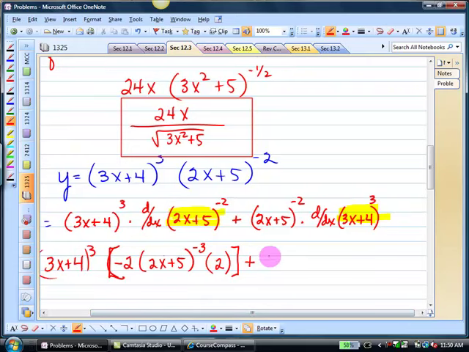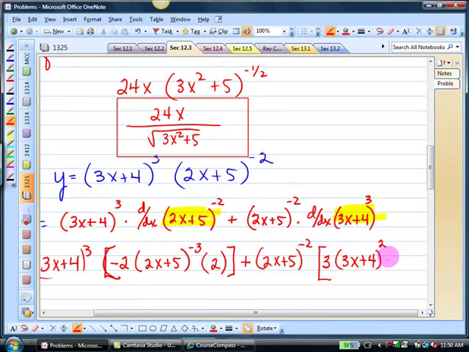Plus 2x plus 5 to the -2 times, we got chain rule going on again, and that'll be 3 times 3x plus 4 to the what? Second times what? 3.